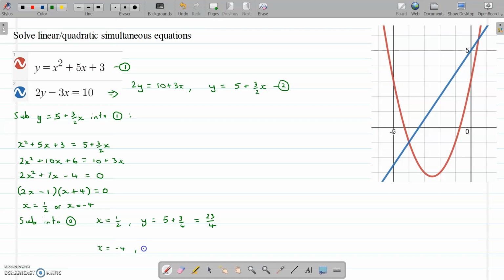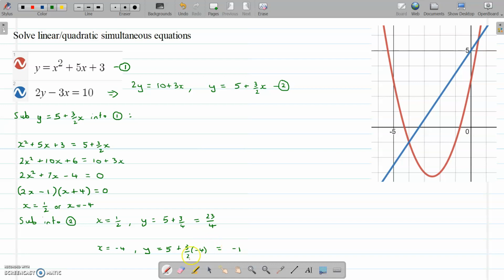y would be 5 plus 3/2 of -4. If you times -4 by 3/2, you get -12/2, which is -6. So that equals 5 minus 6, which is -1.